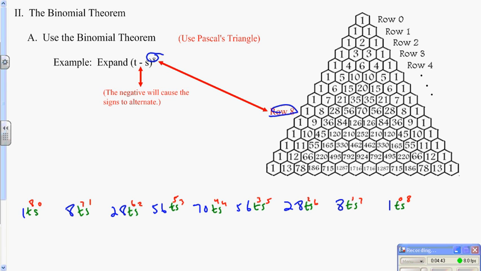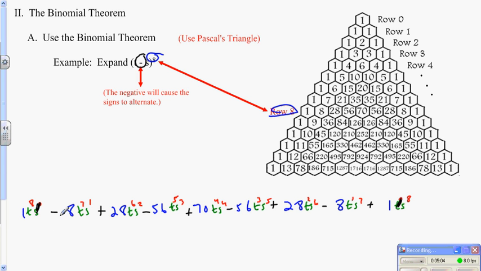And again, we would take out the ones to the 0 power. And since it's a negative, the first term is a positive term, then we alternate after that, and that is expanded.